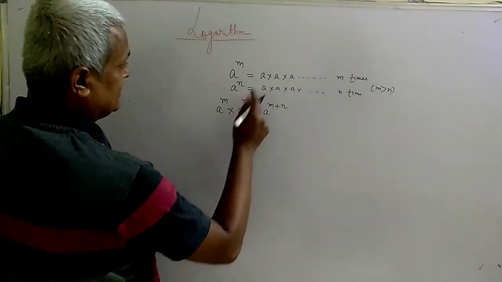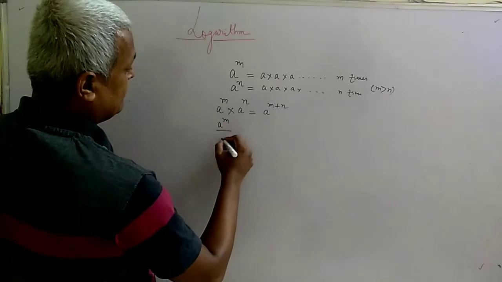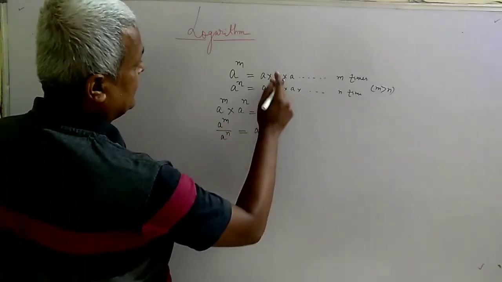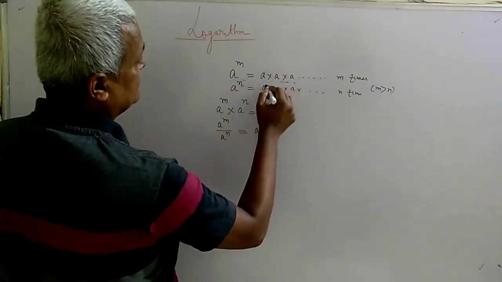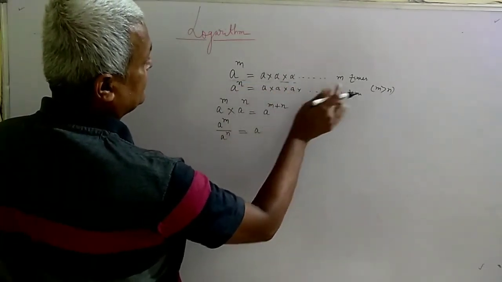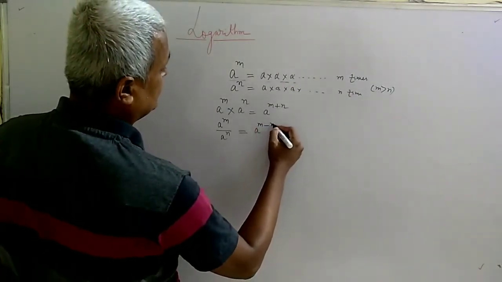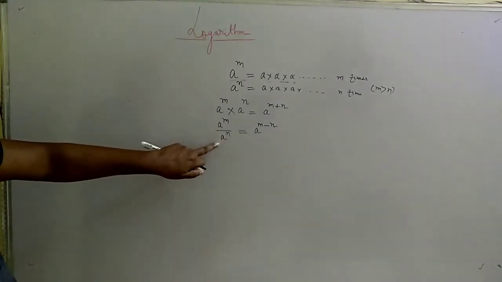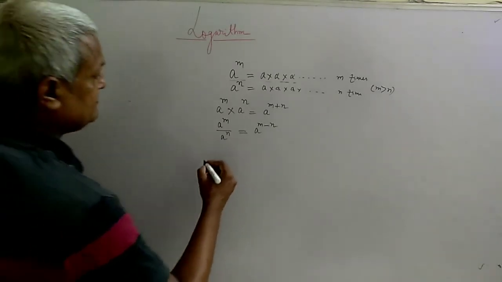Then suppose if I divide this by this, a to the power m over a to the power n, then some a's will cancel, and the difference, m minus n, will be left. So the second formula goes like a to the power m divided by a to the power n is a to the power m minus n.